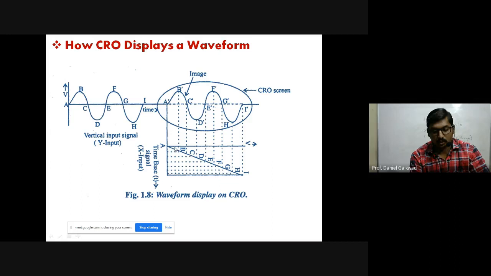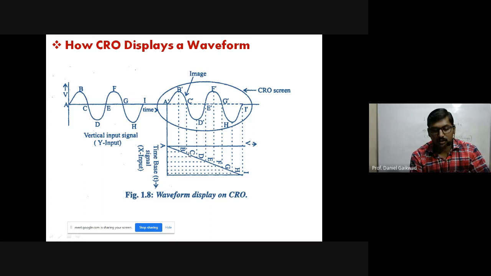As time increases, voltage goes on increasing like this. Suppose at A the voltage is 0 and time is 0. As time increases, 1 millisecond, 2 milliseconds, 3 milliseconds, voltage also goes on increasing.